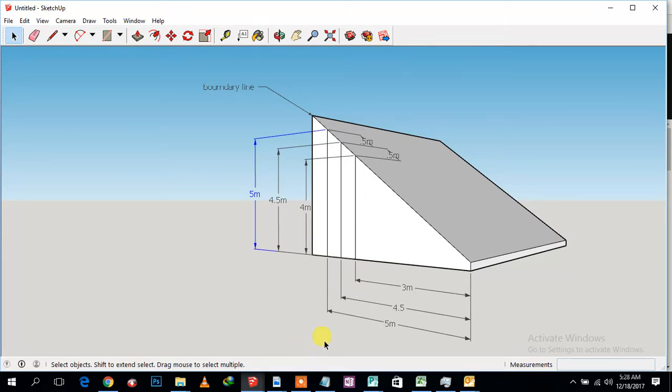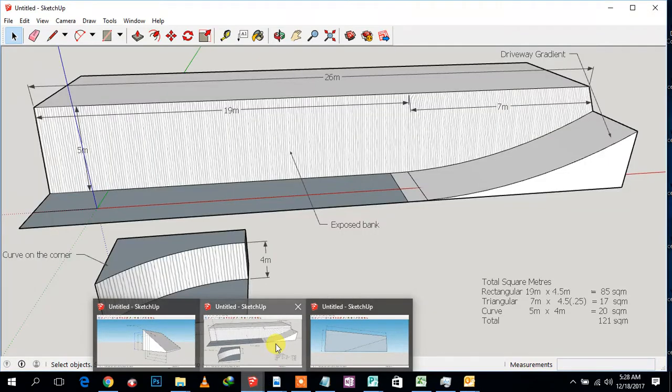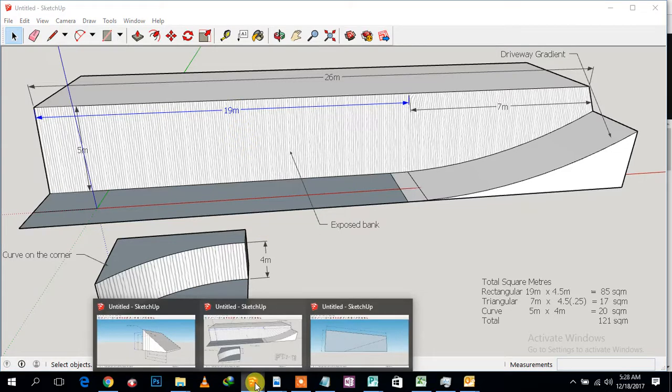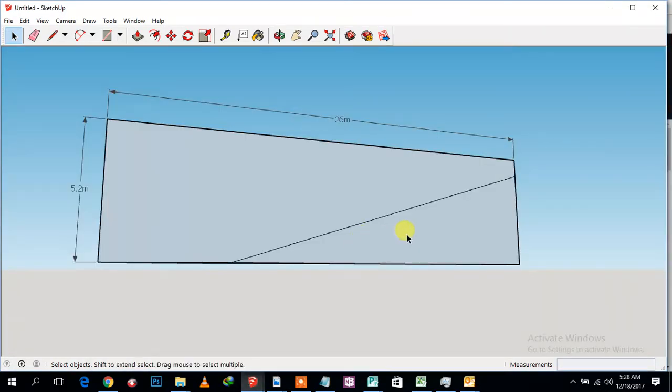Another delusional thing about the bank was the triangular shape. For example, assuming that this is the bank that we've exposed, originally I was hoping that with the slope of the driveway, after all the excavation the bank was going to have the shape of a triangle, just like this.